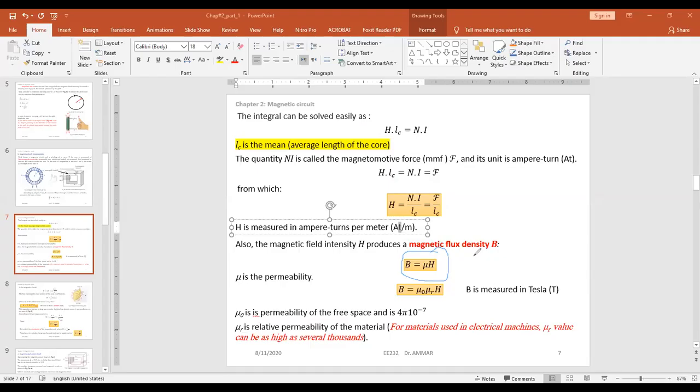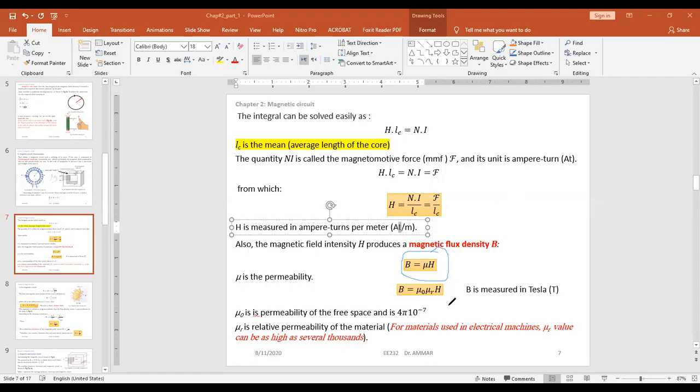As I said yesterday, in your first year, we have studied electrostatics. We have the term epsilon or epsilon zero, which is called permittivity. Here in the magnetic field, we have an equivalent term which is called permeability, mu. So B is equal to mu times H, and B is measured in Tesla.